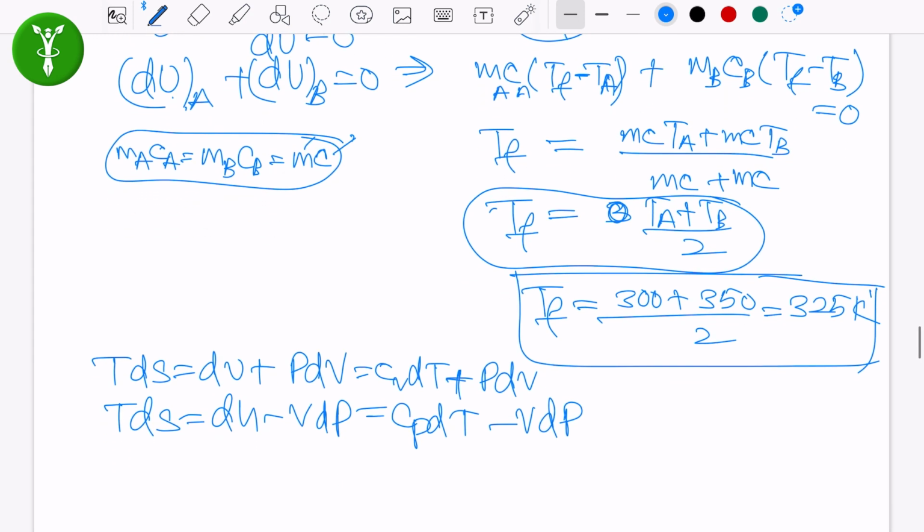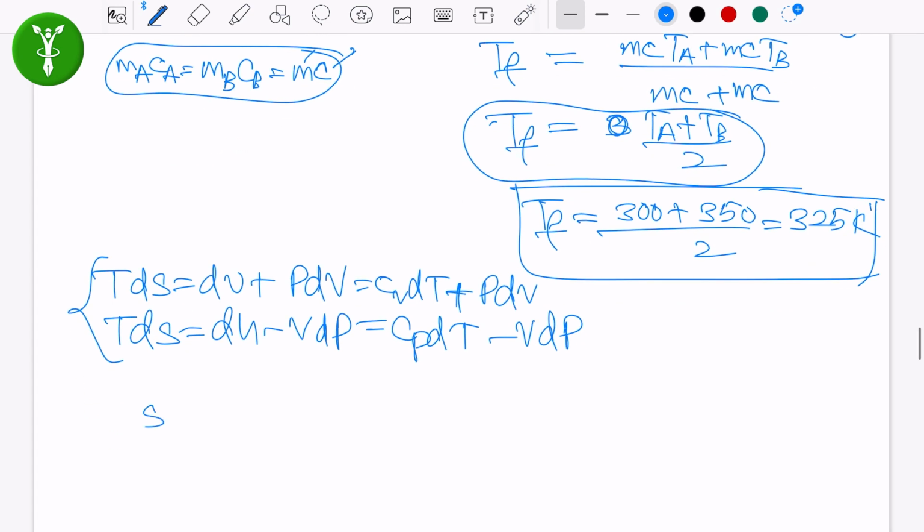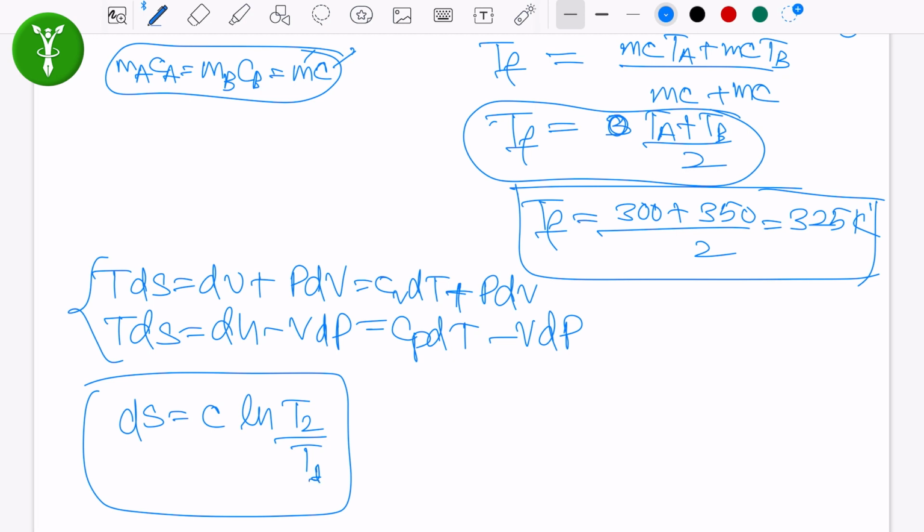Now see, which equation is used? This is for ideal gas. For liquids, we directly use dS is equal to C ln T2 by T1. We know the initial temperature, but we don't know the final temperature after mixing. That's why we have calculated the final temperature.